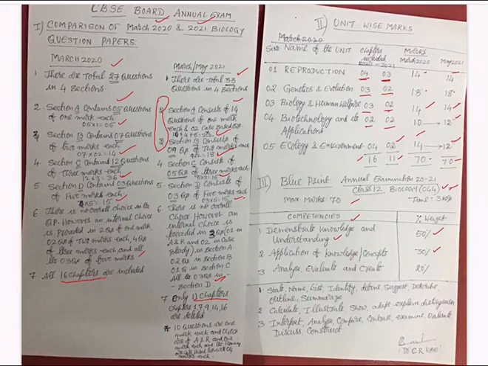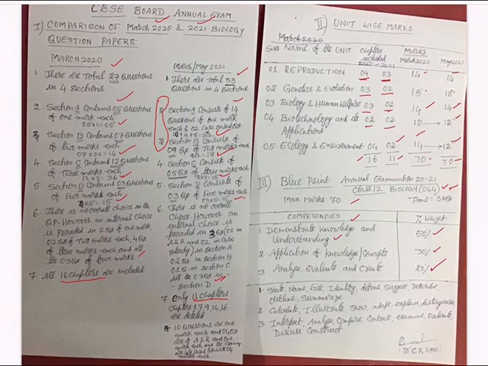Then application of knowledge and concepts, that is 30%. Whatever knowledge you have gained, you apply to a new situation. That is application. Then analyze, evaluate and create. Here all these diagram based questions, then case studies, then HOTS, higher order thinking skills, all that will come, but luckily they are only 20% of the question paper weightage.